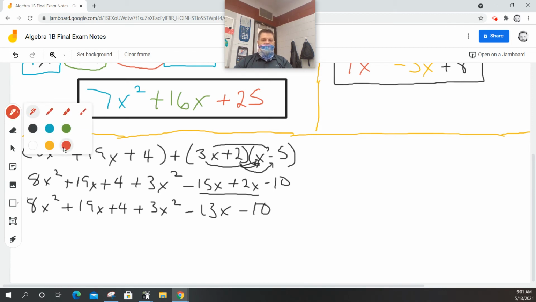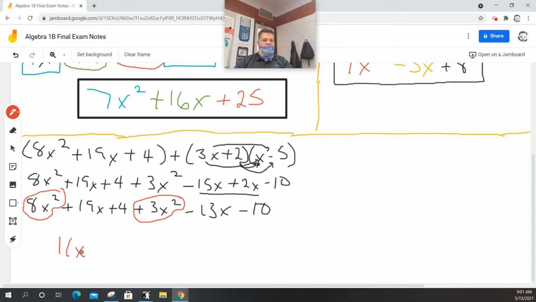Again, we're going to do the same thing that we've been doing. 8x squared plus 3x squared. That gives me 11x squared. Now do the x's. Positive 19x minus 13x, that's a positive 6x.